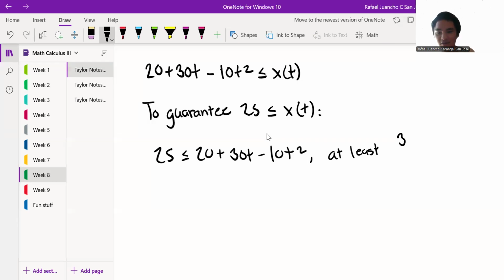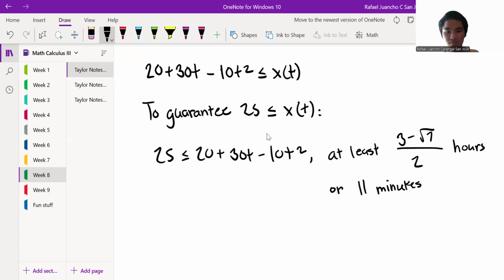So this is 3 minus square root 7 over 2 hours, or 11 minutes. And so it might take this long if he is decelerating, because we really assumed that the absolute value of the acceleration was at most 20.